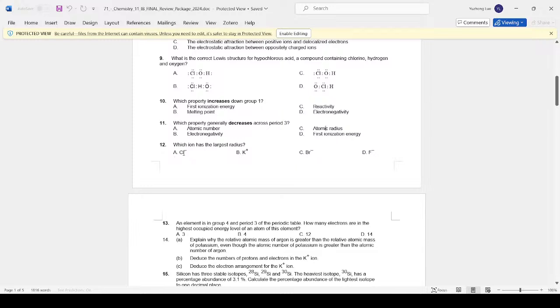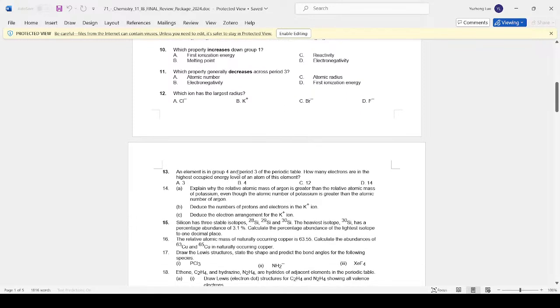Chlorine minus. Should be bromine minus. So C. Yeah. Group 4 and period 3, how many electrons are in the highest occupied energy level of this element?